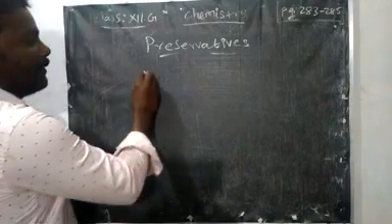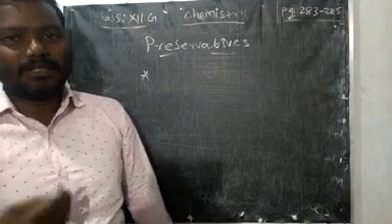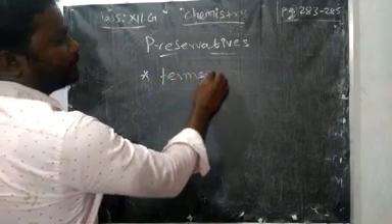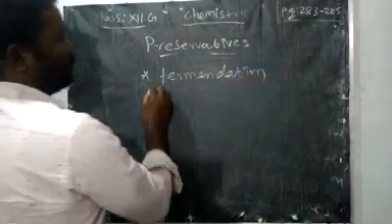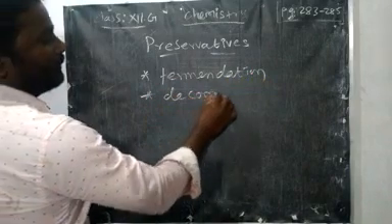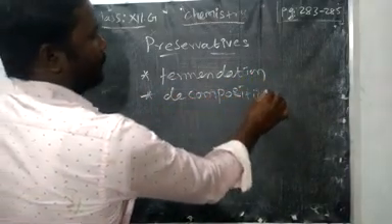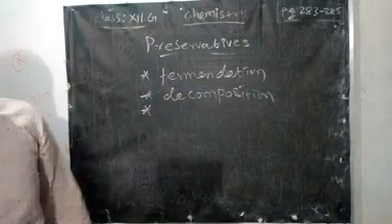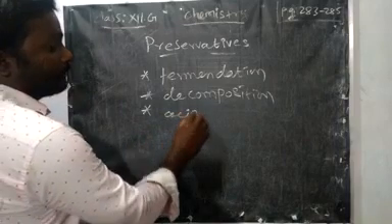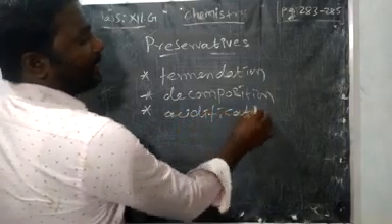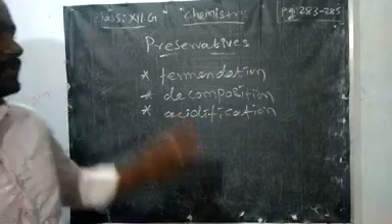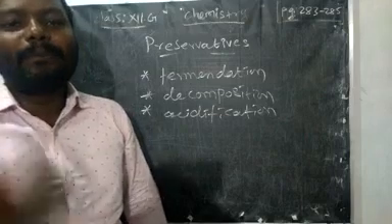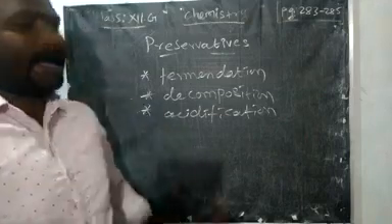Very important: food becomes waste or spoiled because of these reactions: fermentation, decomposition, and also oxidation sometimes, and acidification. Mainly because of these reactions, food becomes spoiled. So we can prevent the spoilage of food by adding some chemicals.